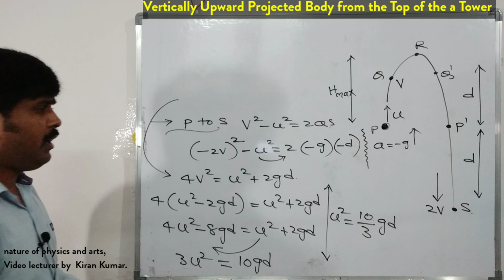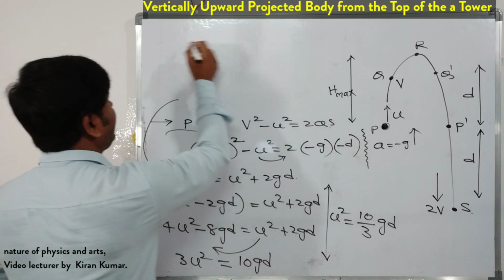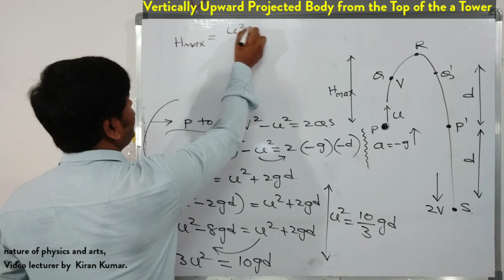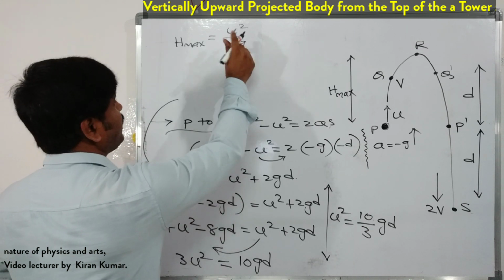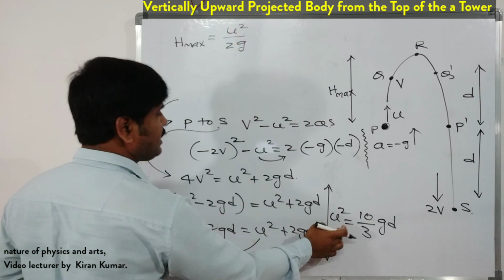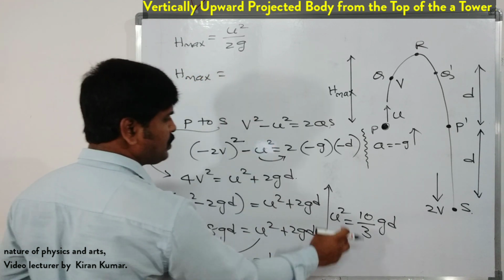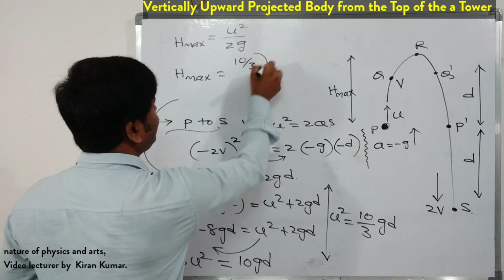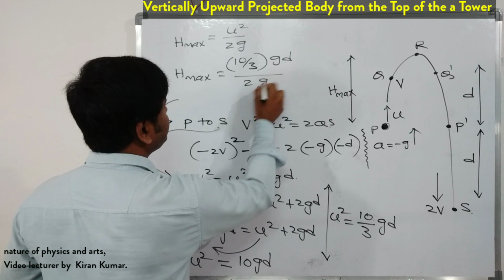Okay, see the continuation, the maximum height equation: H max is equal to U² divided by 2g, the formula directly. From this, the U value is replaced, that is H max is equal to U² value, 10 divided by 3 into gd, divided by 2 into g.